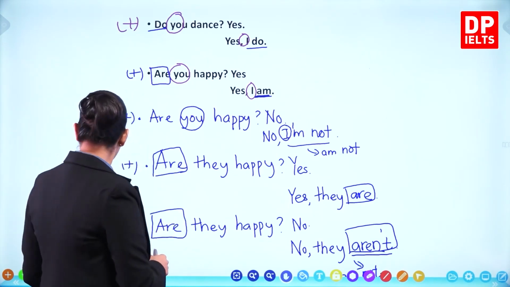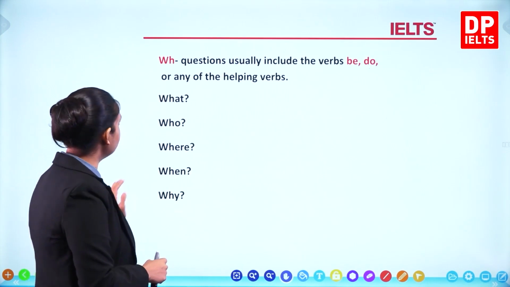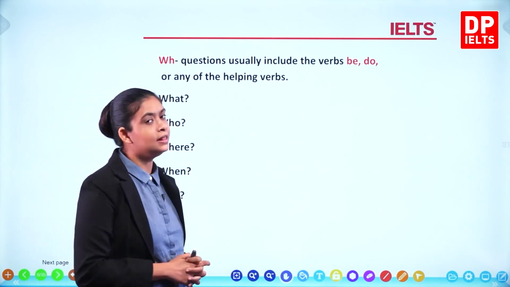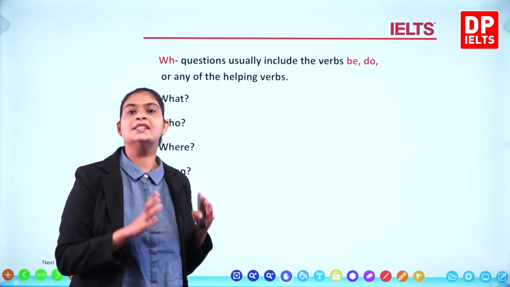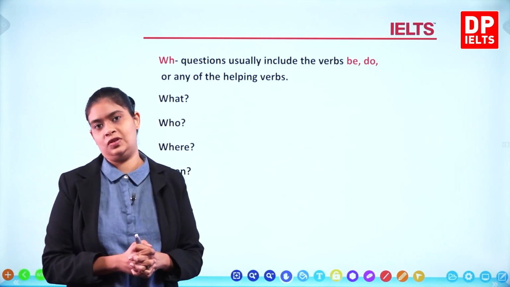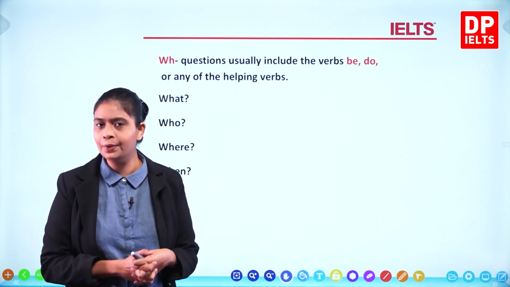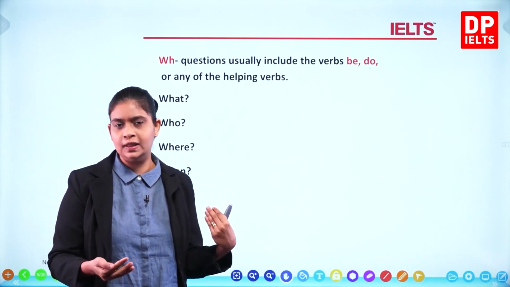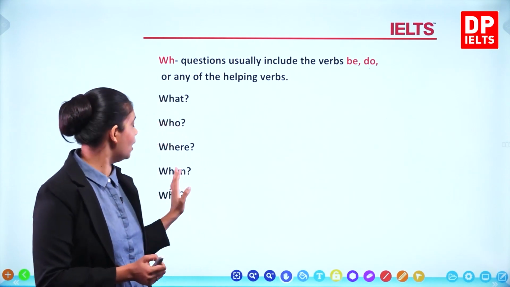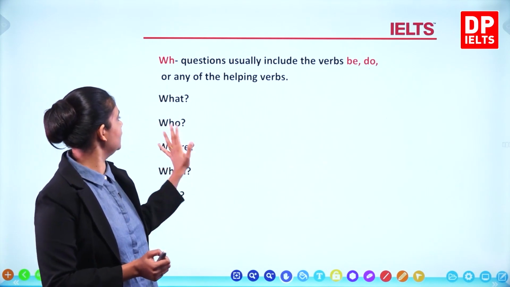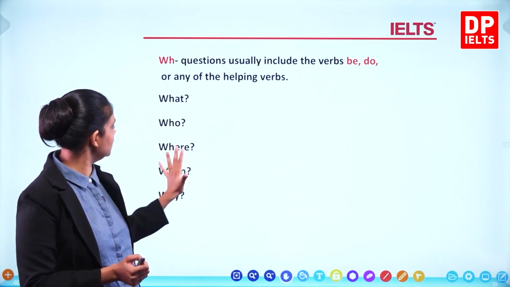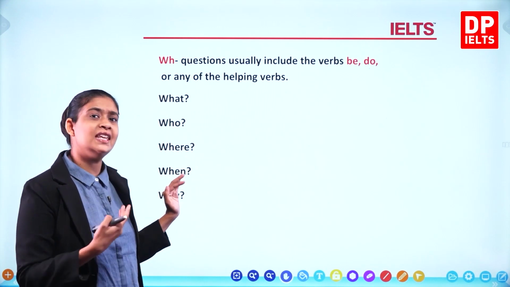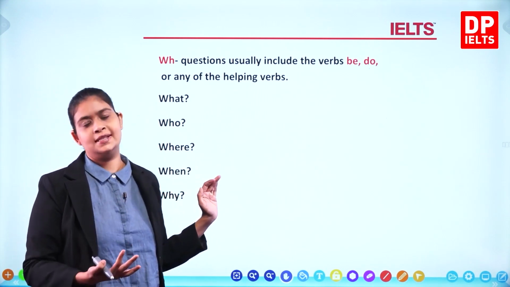Now we are going to have a look at a different type. These are known as WH questions. Now, WH questions, there are many more other question tags, but for the beginner level, I have isolated the few which are easy for you to understand.